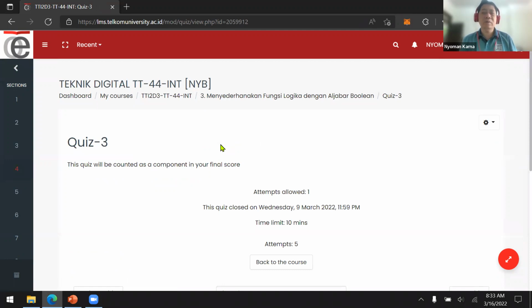Last week we discussed how to simplify a logic function by using Boolean algebra. Why do we have to simplify a function?